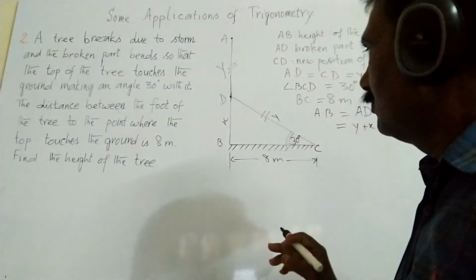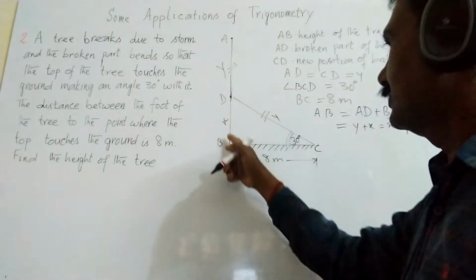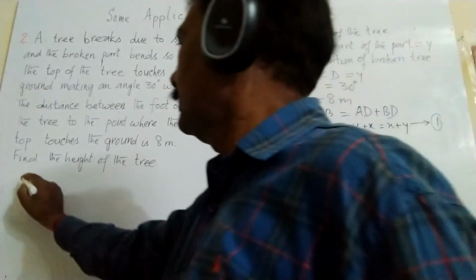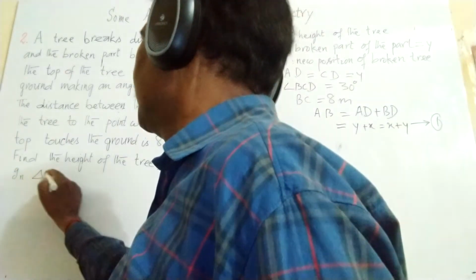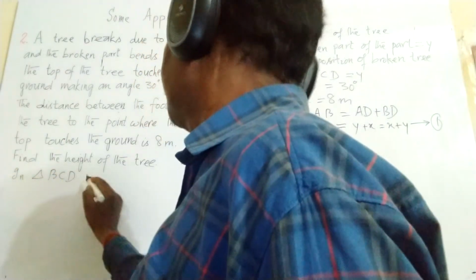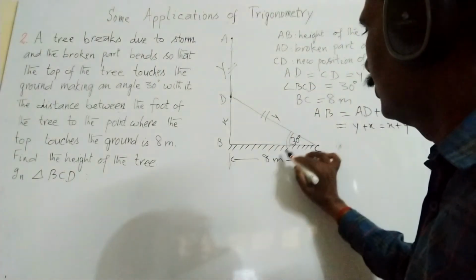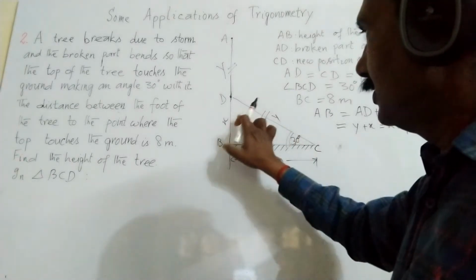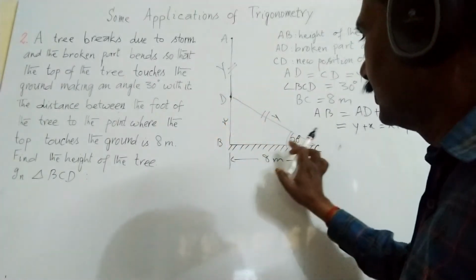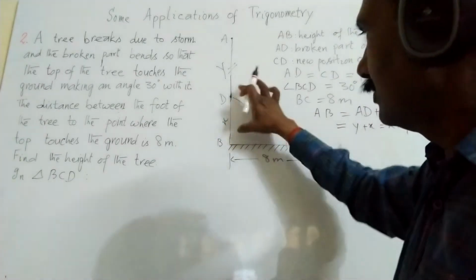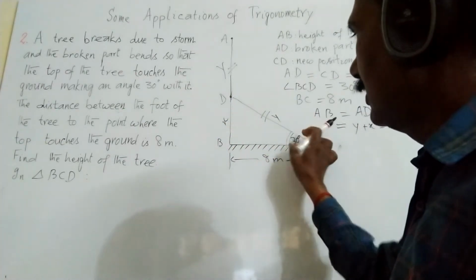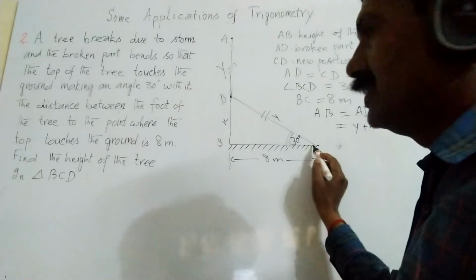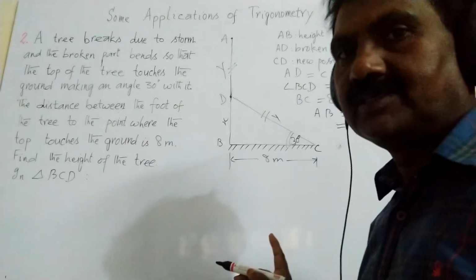Okay, now let us see here. In triangle BCD, two quantities are given, BC and the angle. If we take the relation between BD, BC and this angle, then for this angle, this is perpendicular and this is base. Perpendicular by base is tan.